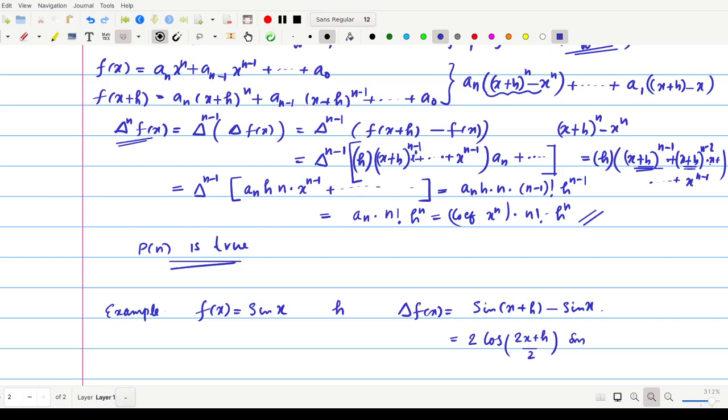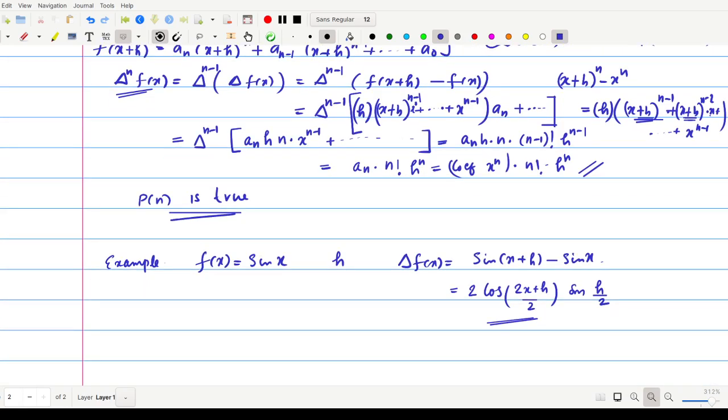So this is C and this is D. C minus D will be h, and that will be h by 2. So this is the first forward difference of the function f(x). In a similar fashion, a number of examples are discussed in the exercise. So please go through it, and if there is any doubt, please come out with the doubts, we can discuss.